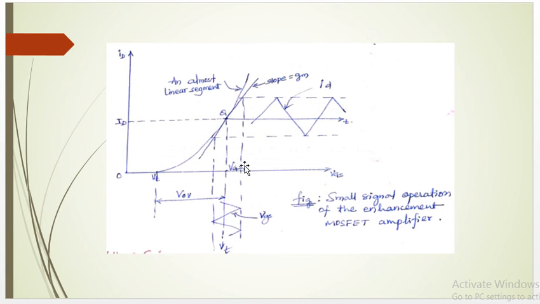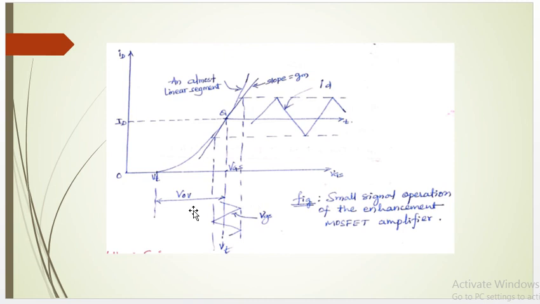Please observe the notation, capital letters for ID as well as here. Then the input signal applied, and this corresponds to the threshold value. The difference VGS minus VT corresponds to the overdrive voltage.